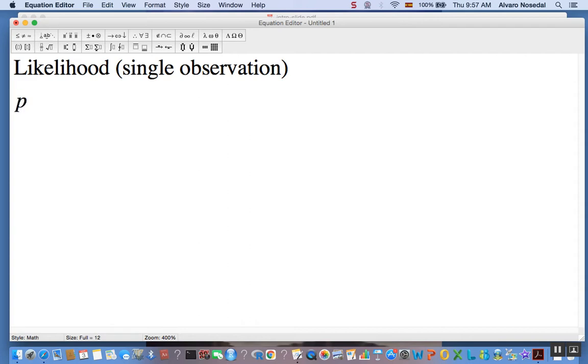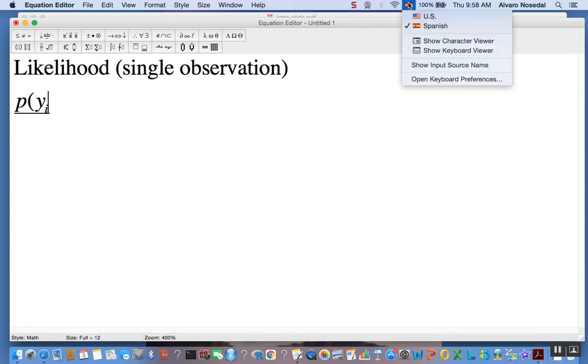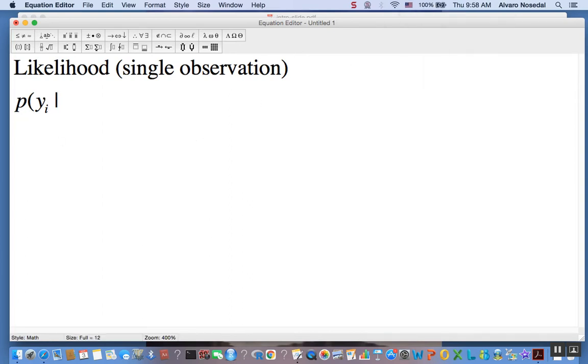We could think about it as a conditional probability, the probability of observing a particular value yi, given that we have knowledge about the parameter mu, given a particular value of mu.